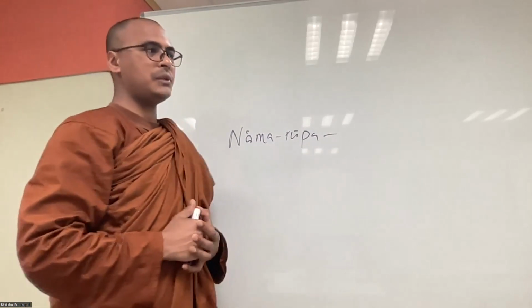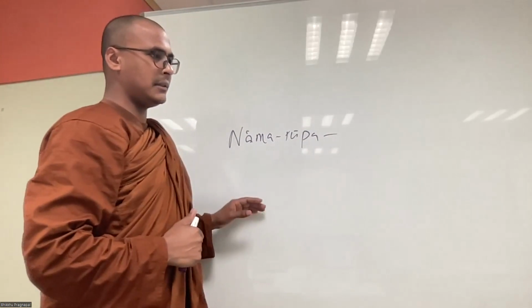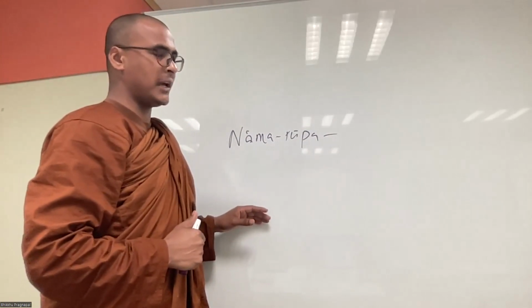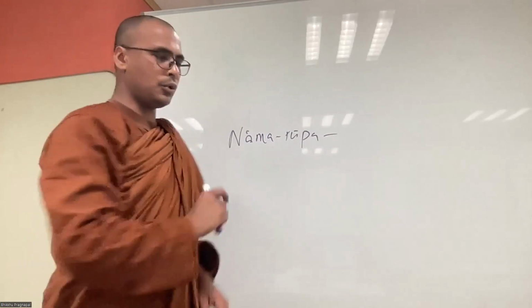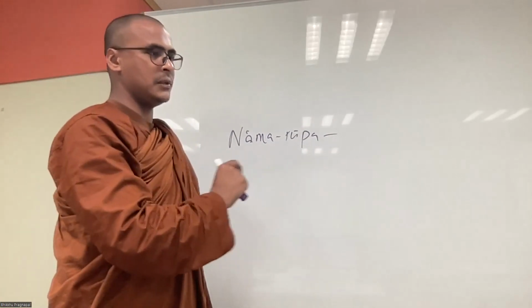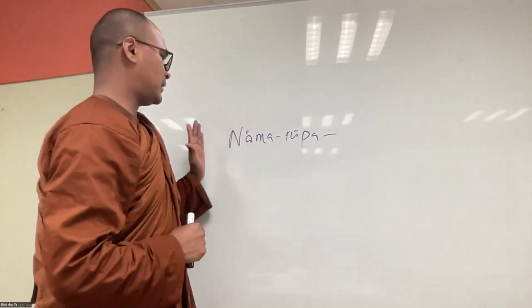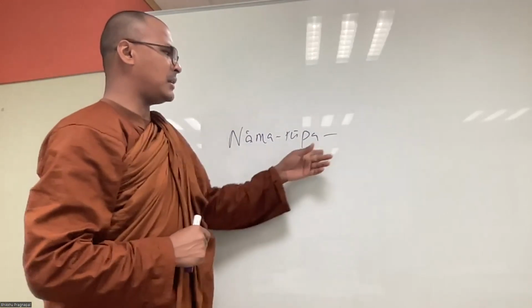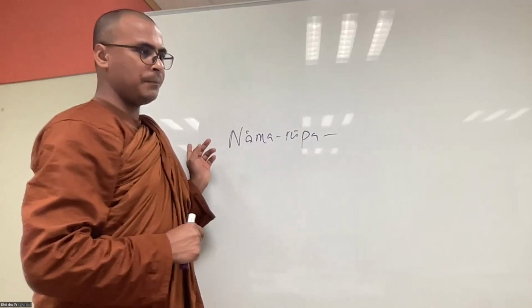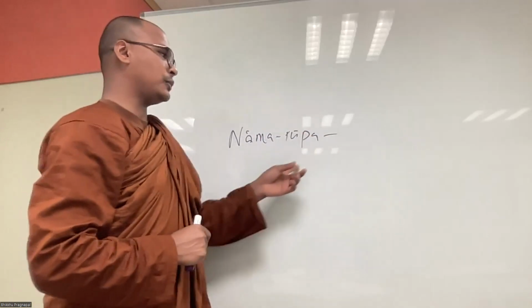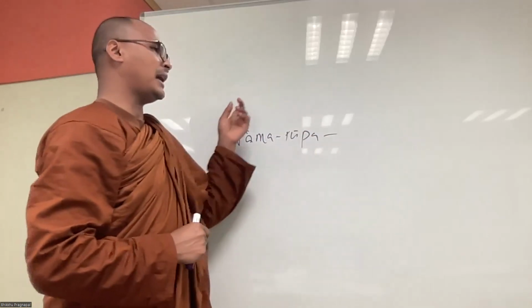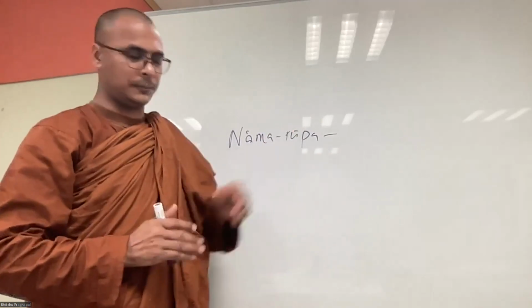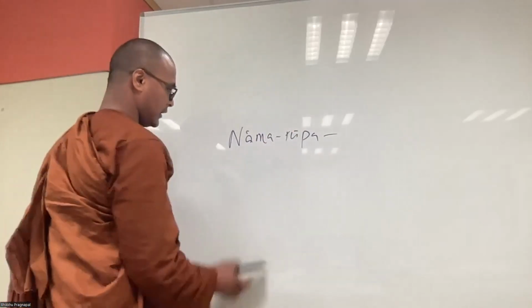Sometimes in an article they also give extra references to know more about it. For example, Nama Rupa, name and form, appears in many, many suttas. If you get some suttas, you will get more references from those suttas too. Okay, that is one way.